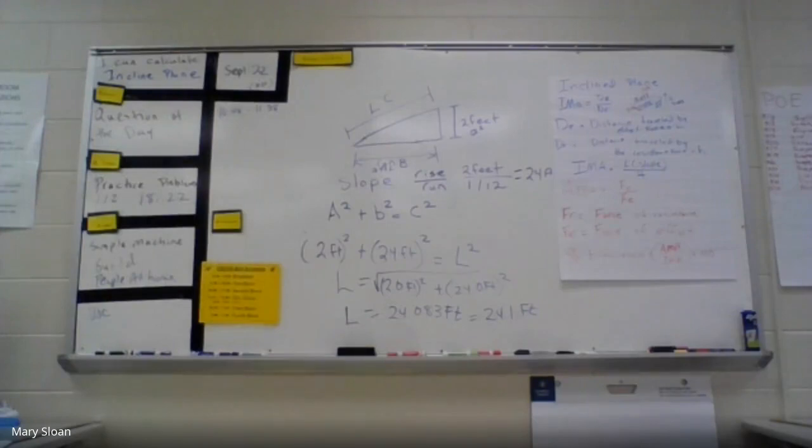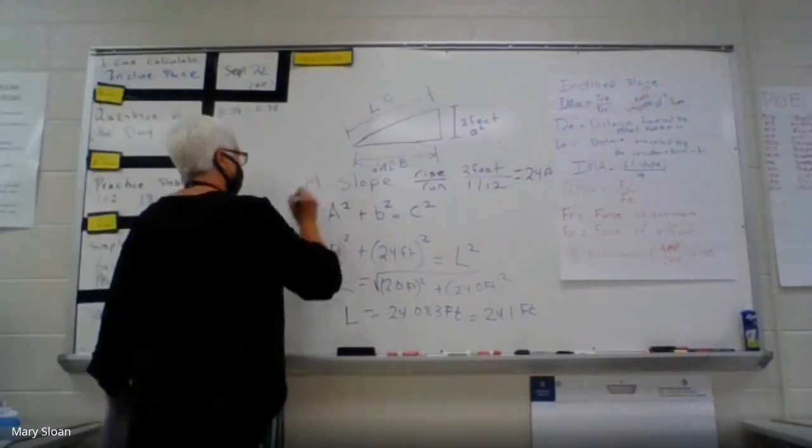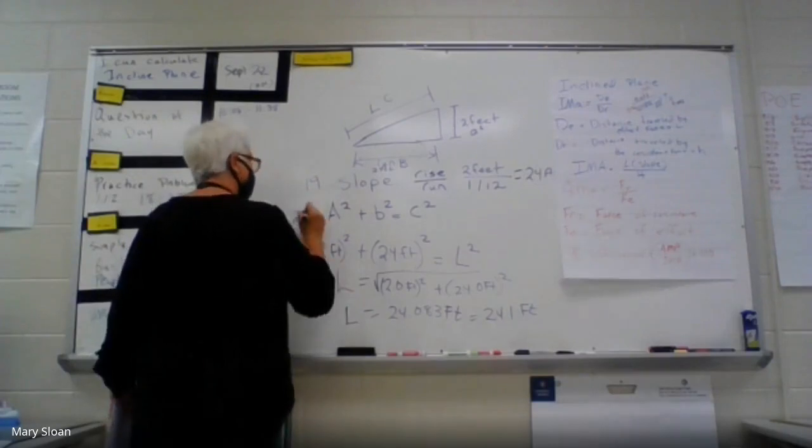For what, the allowable length of the ramp? For 20, final answer. What was that? Just got finished doing 19 at the top. 24 feet. It's okay. So it's all right, Jess, I'll do this. This is number 19, and this is number 20.